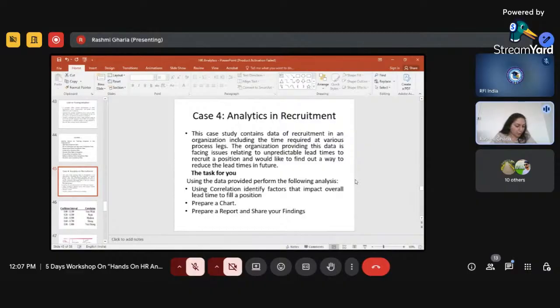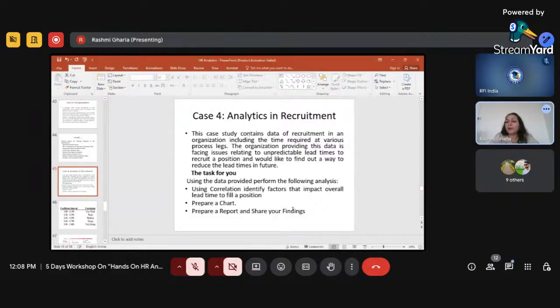As you all know, recruitment is one of the major important functions of HR, right? And many a time it happens that if you hire the right person, that also decides the future of your company, right?